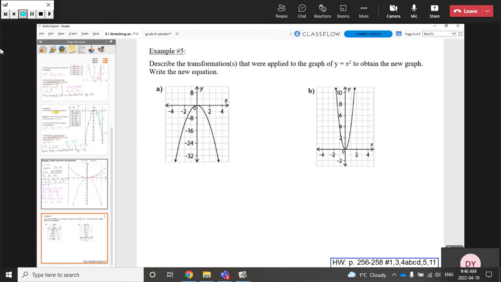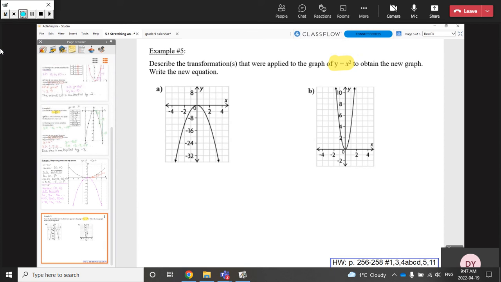In this sort of way, they kind of go the opposite on us. They say describe the transformation or transformations that were applied to the graph y equals x squared to obtain the new graph. So y equals x squared is what we always compare to. It has a vertex of 0, 0, and its step pattern is 1, 3, 5, and so on.